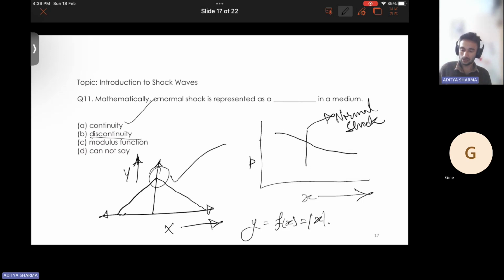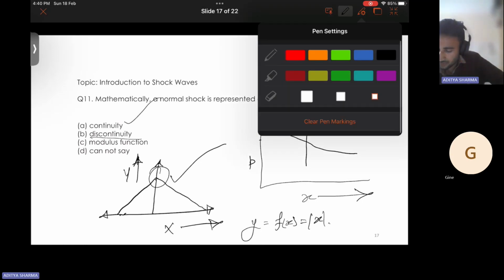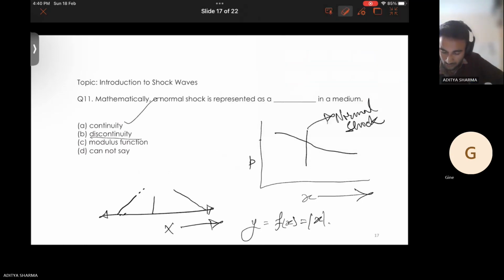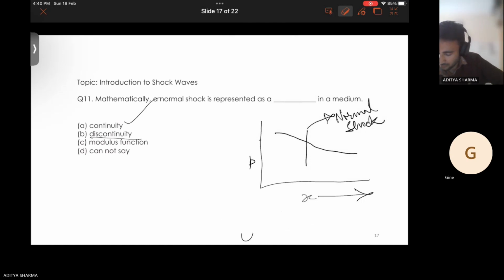So in that sense only, this discontinuity is there in this particular topic. All right, so this is what I was mentioning.